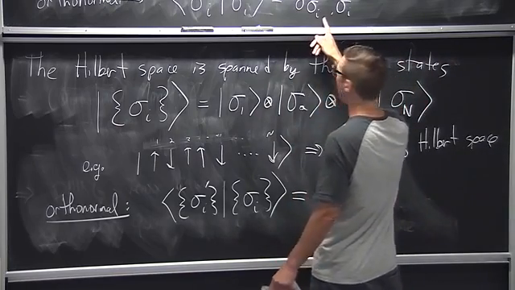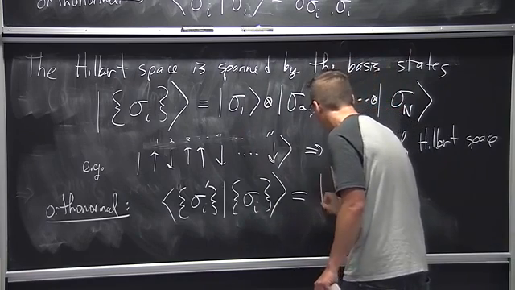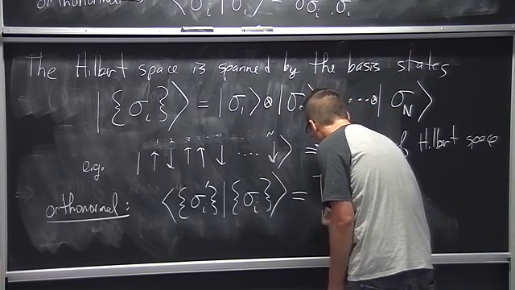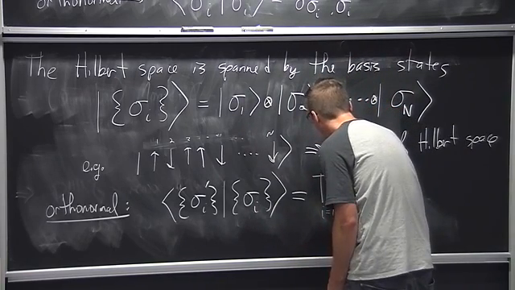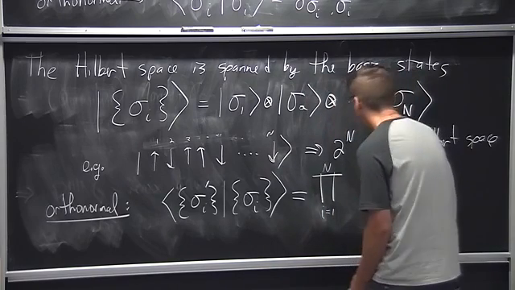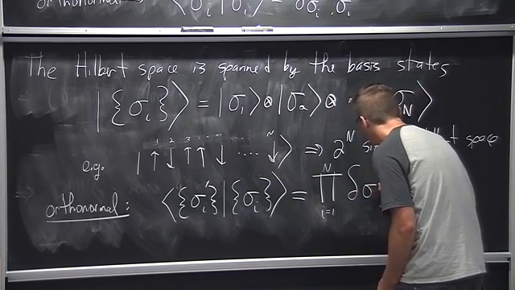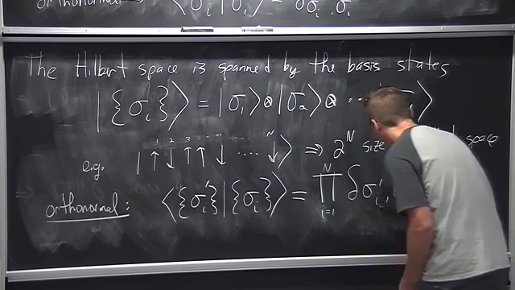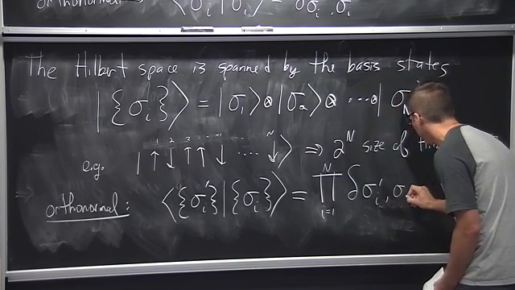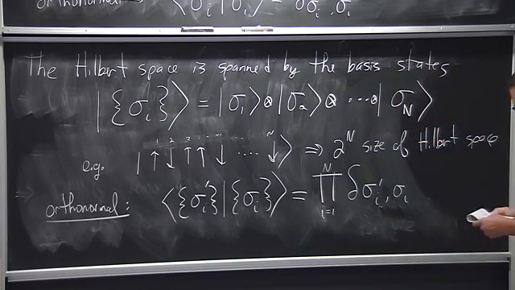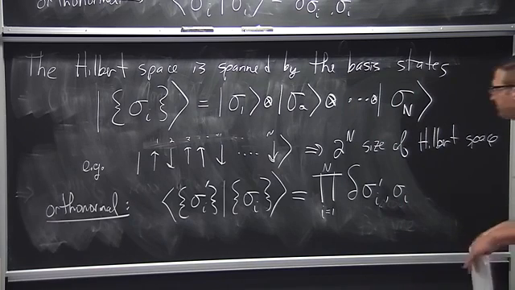This is now just the product of these deltas, right? So it's a product from i equals 1 to n of delta sigma prime i, comma sigma i.